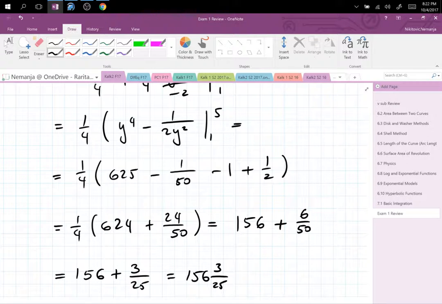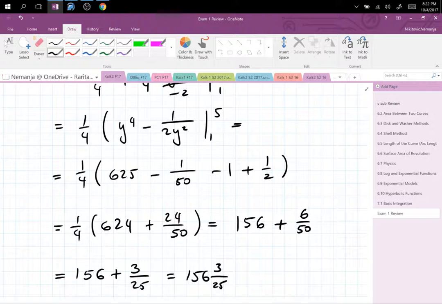and 25 times 156 plus 3 divided by 25. Now, if you want to make it easier on yourself, you can actually multiply 78 by 50, and that's easier, which is 78 times 5, and you add 0 at the end, and then plus 3.